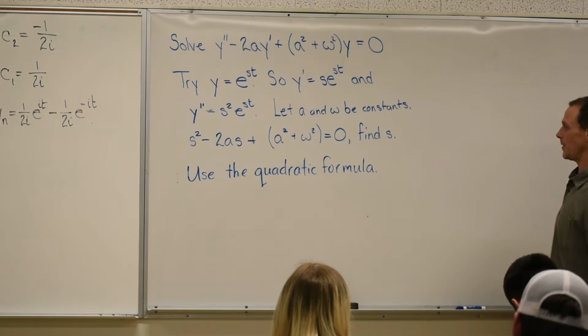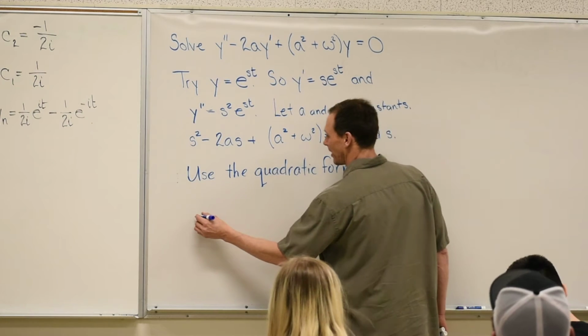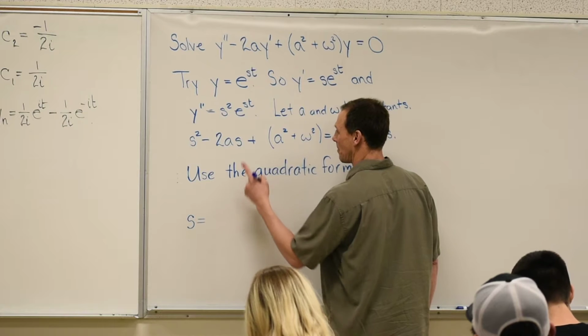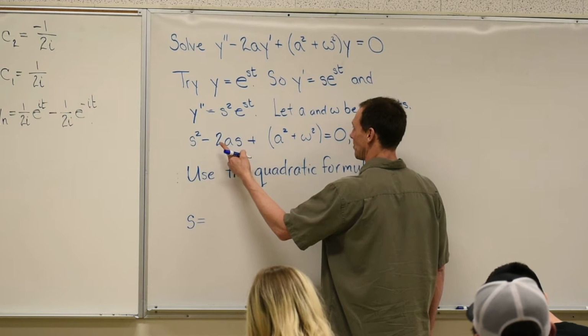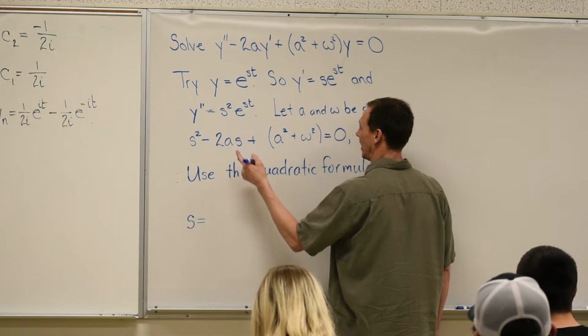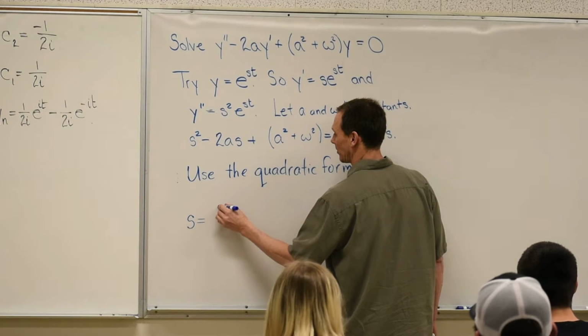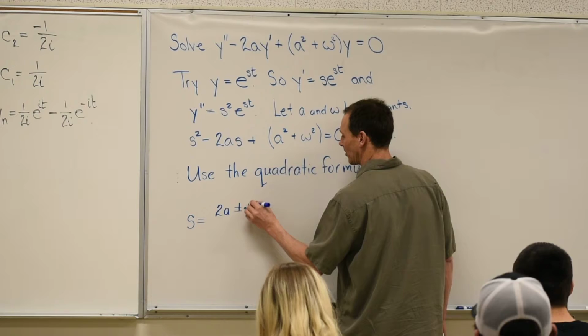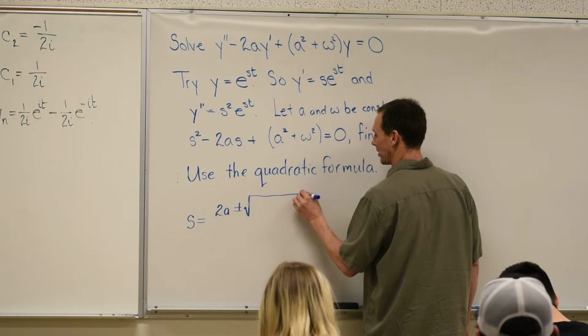Use the quadratic formula. So let's do that. We're going to write it out simple, and then we'll clean it up. s is equal to minus the b term, which is minus 2a, so that's going to be plus 2a, plus or minus some big square root, I suspect.